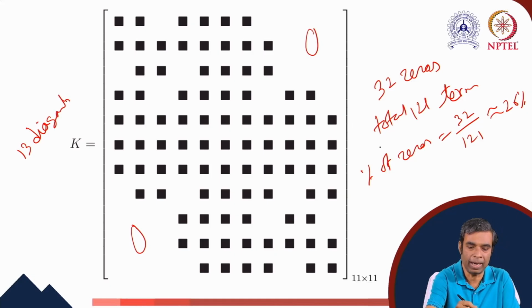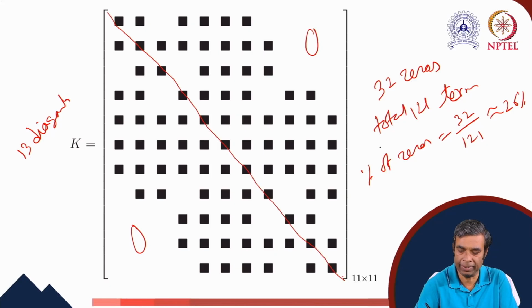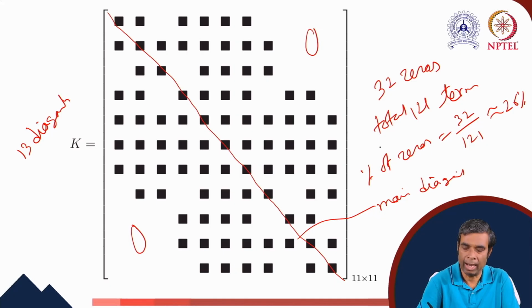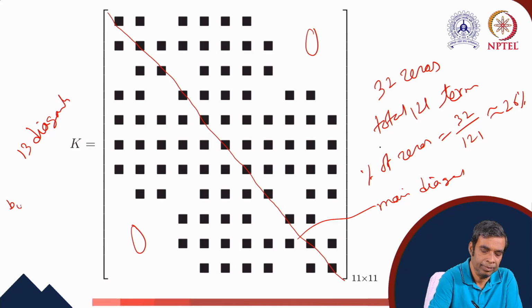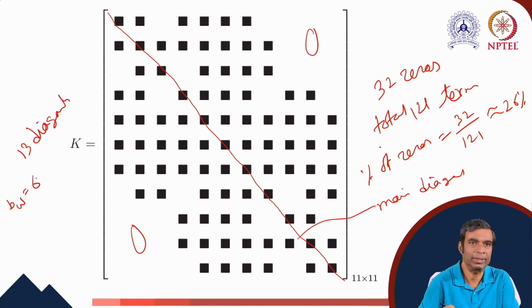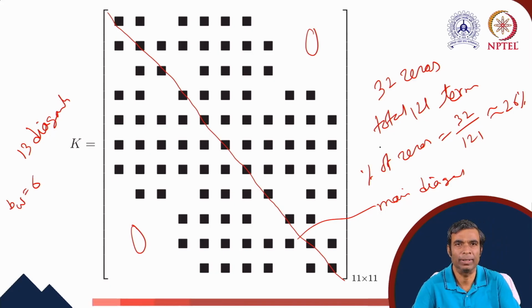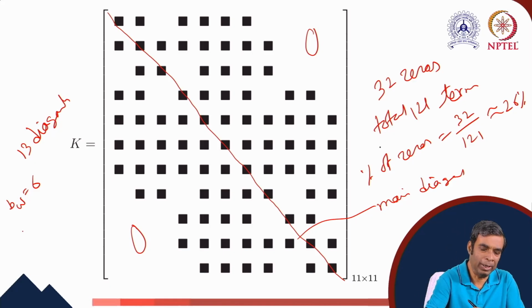So this is a sparse and banded matrix. This is an asymmetric matrix. I have indicated the main diagonal. In this matrix, the half bandwidth is 6. So in the first class, we have discussed the half bandwidth. It is denoted by BW. Half bandwidth is 6 and bandwidth is 1 plus 2 BW, that is 1 plus 6 into 2, that is 13.